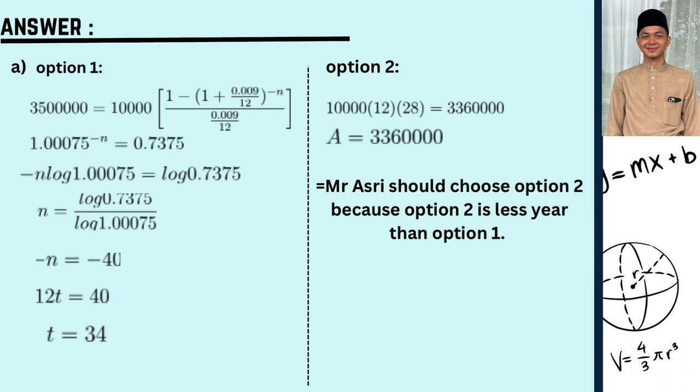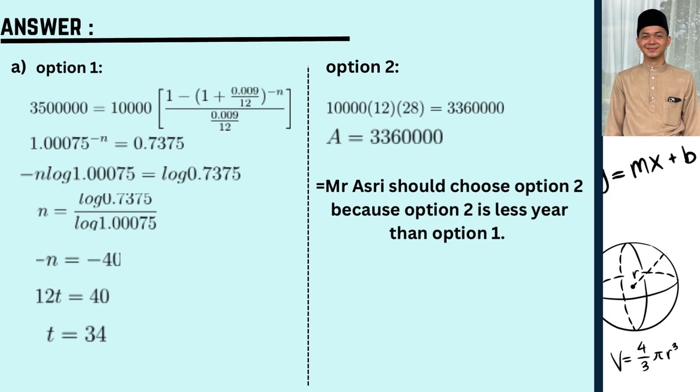We get 1.00075 to the power of negative n equals 0.7375, and we need to use the log formula. Negative n equals log 0.7375 over log 1.00075, and we get negative n equals negative 408. With m equal to 12, we divide it by 12, and the answer is 34 years.